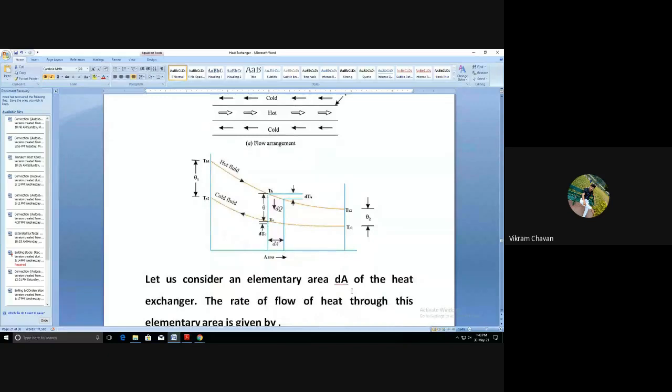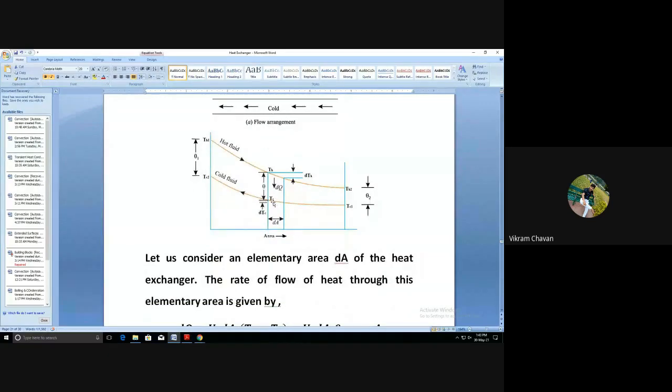Now once again, to determine the overall heat transfer, we have to determine the LMTD.